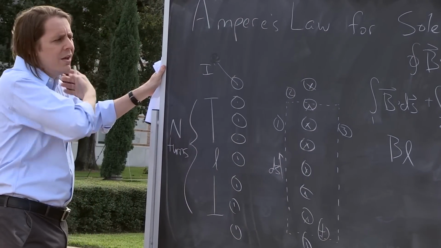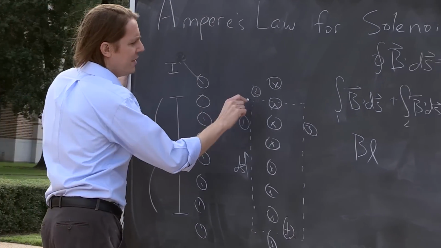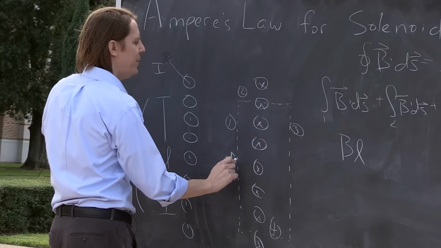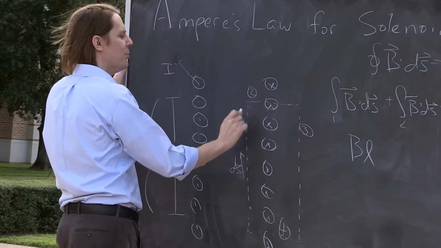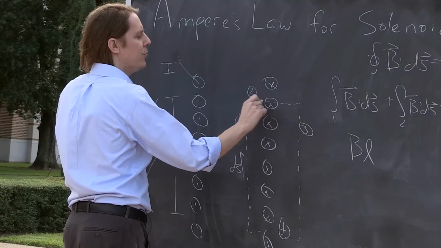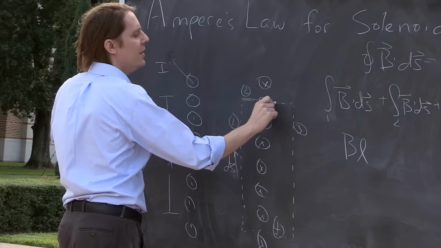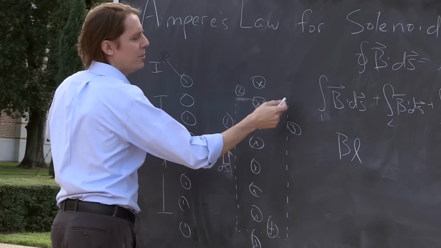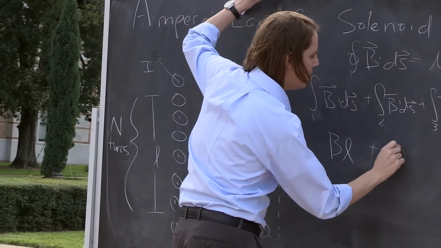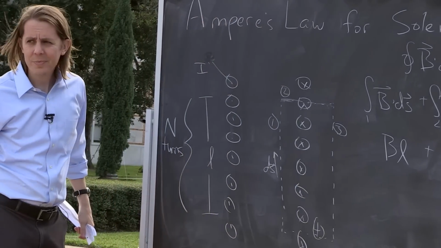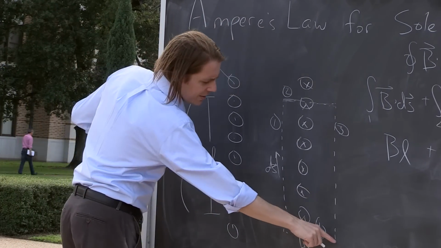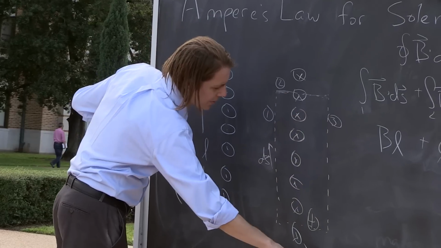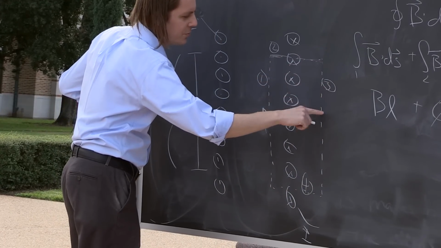Okay. The second one, path 2, is going this way. We know that the B field has to be this way because of the way the current loops make a field. So this one is at 90 degrees to the B field when you're inside, and the B field is very small, essentially 0, when you're outside. So this one is 0. Path 3 is down here, and as you march your ds this way, there's no B field.